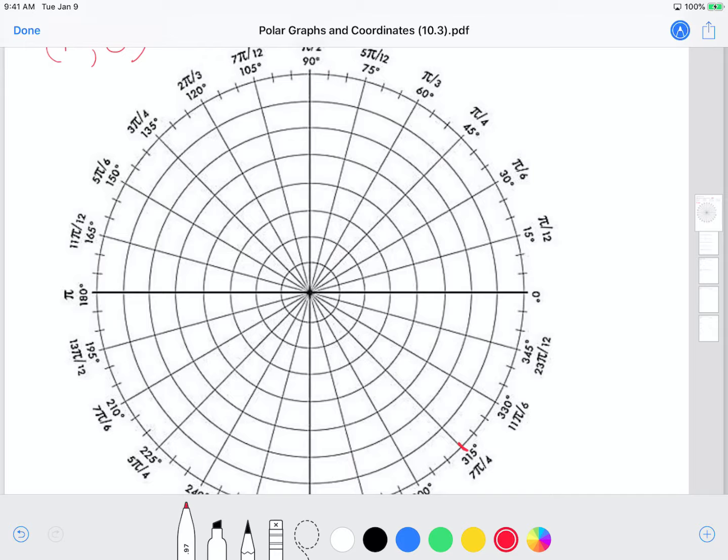I'm going to swing open until I get to 315 degrees, and then I'm going to come out 3 units from the center. So 1, 2, 3. This is my point A. Now I'm going to erase this so that it doesn't get cluttered.